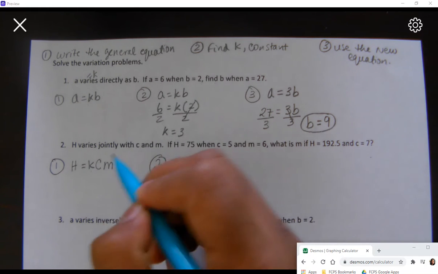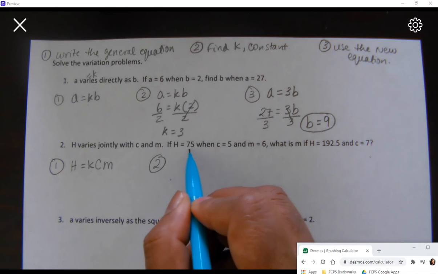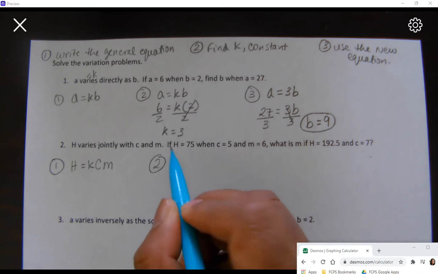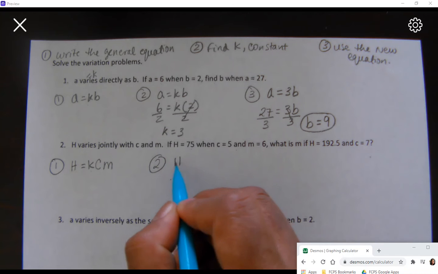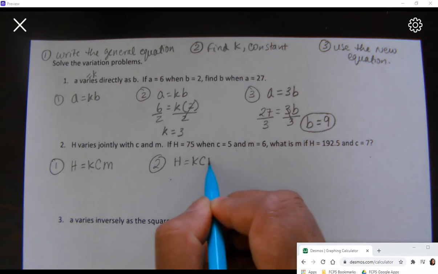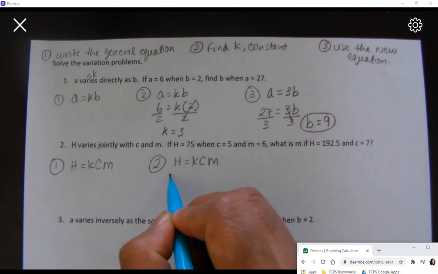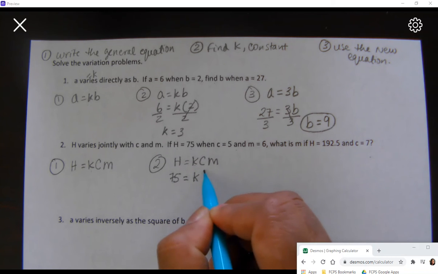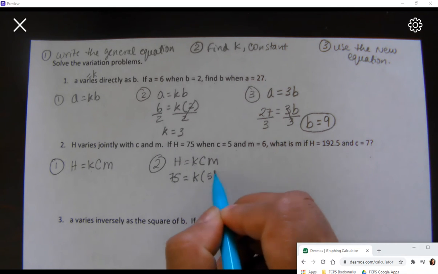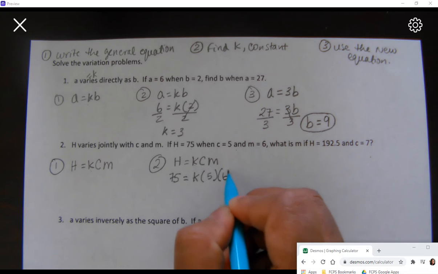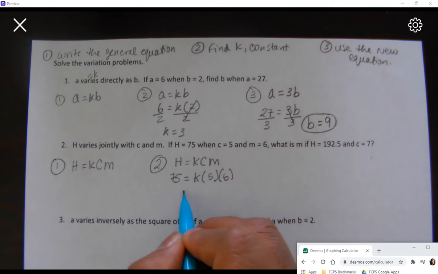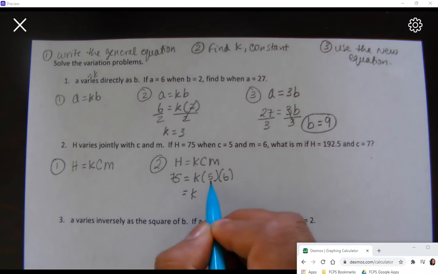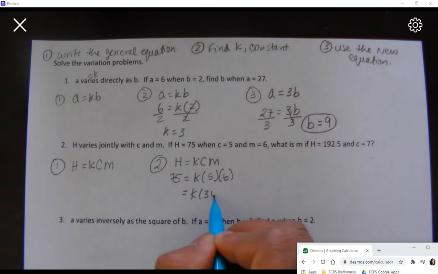The second step is we need to look for my constant. I need to find a number for k. To find that number, we're going to plug in these variables. So you have H equals k times C times M, and H is equal to 75, C is equal to 5, and M is equal to 6. Now we're going to solve for k. I'm going to simplify my right side: 5 times 6 is 30.